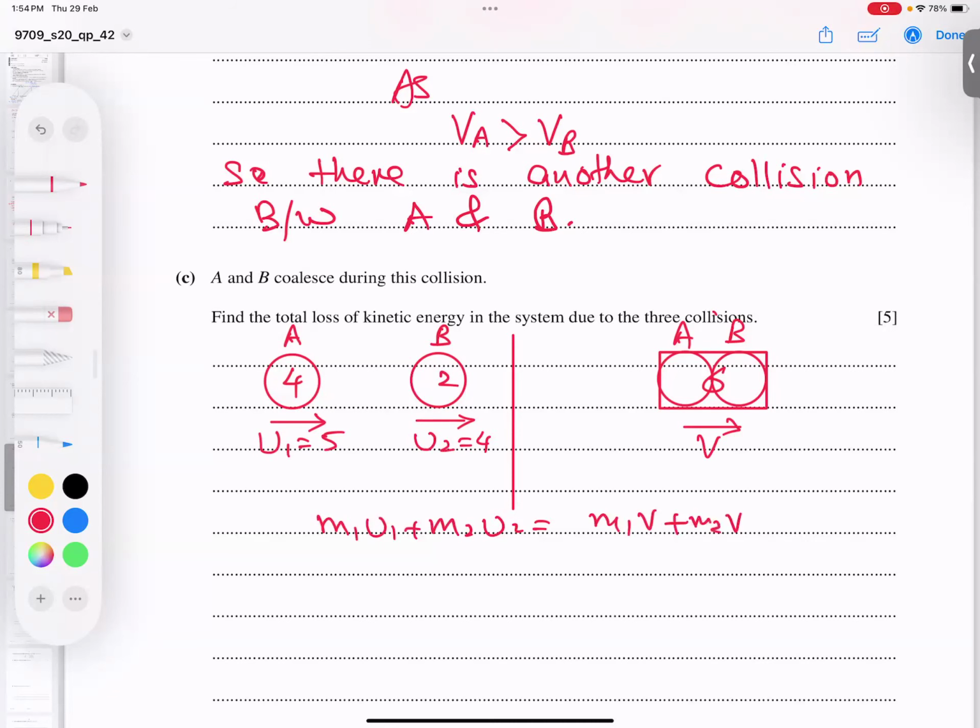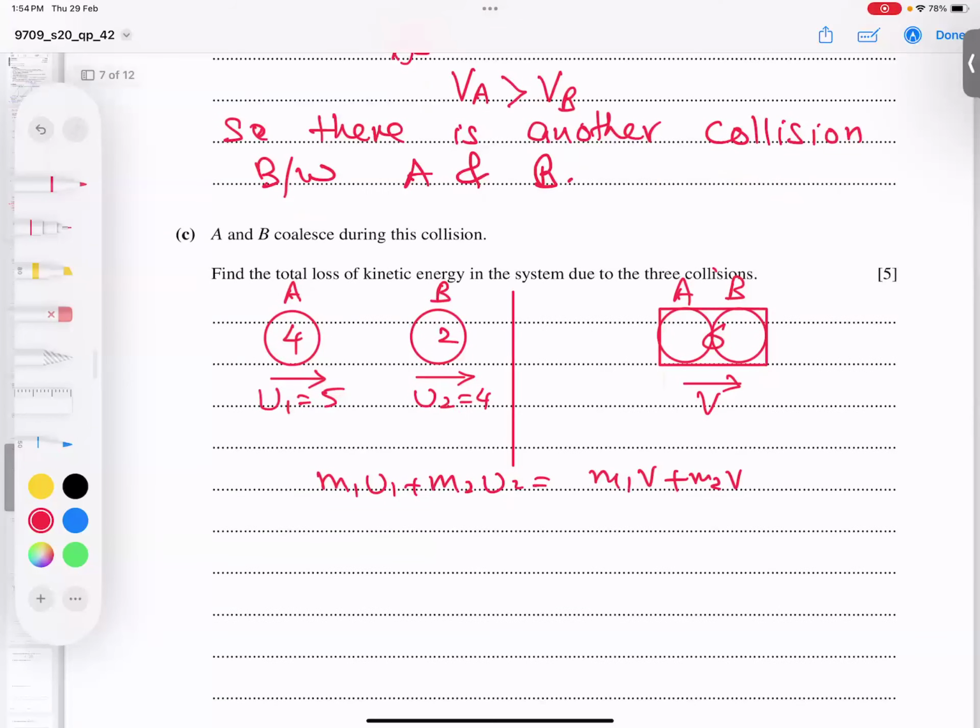Logic, because they are behaving as one particle, a combined particle. 5 4s are 20, 4 2s are 8. So I think clear. And this is 6 into V becomes 6V, because 4V and 2V become 6V. So this 28 divided by 6, we got velocity 14/3 meter per second.